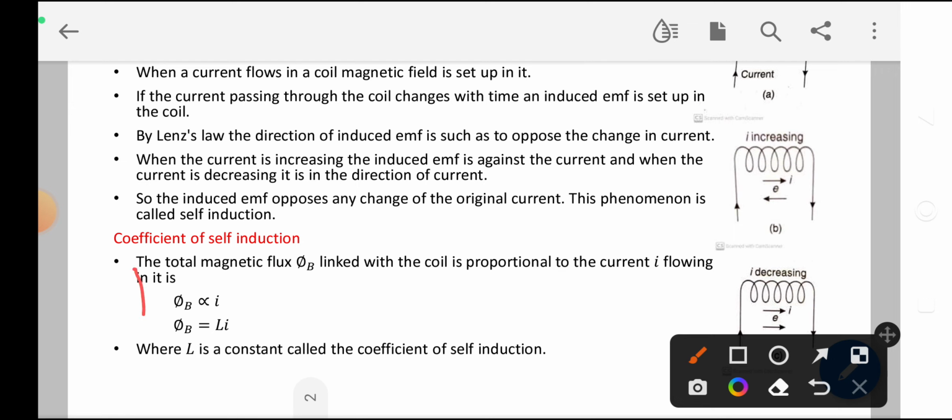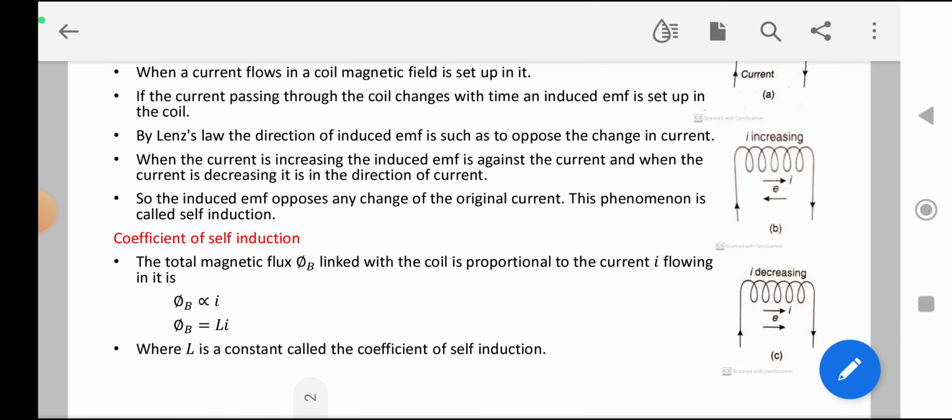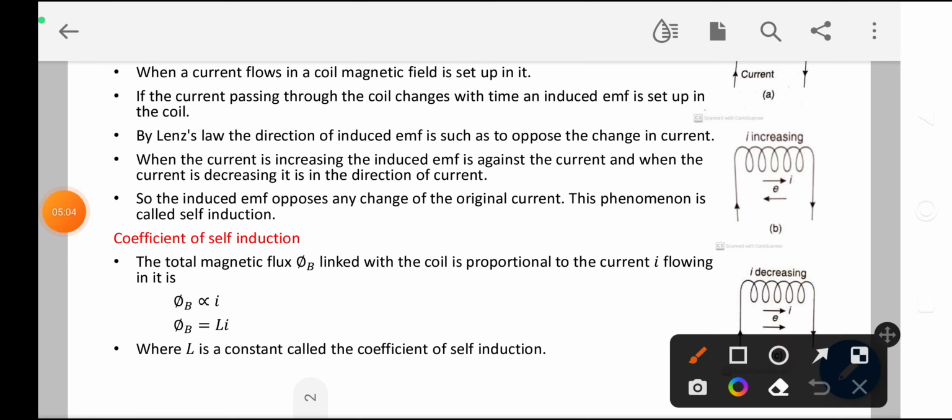The induced EMF opposes any change of the original current, either increasing or decreasing. This phenomenon is called self induction. This property of the body is called self-inductance.